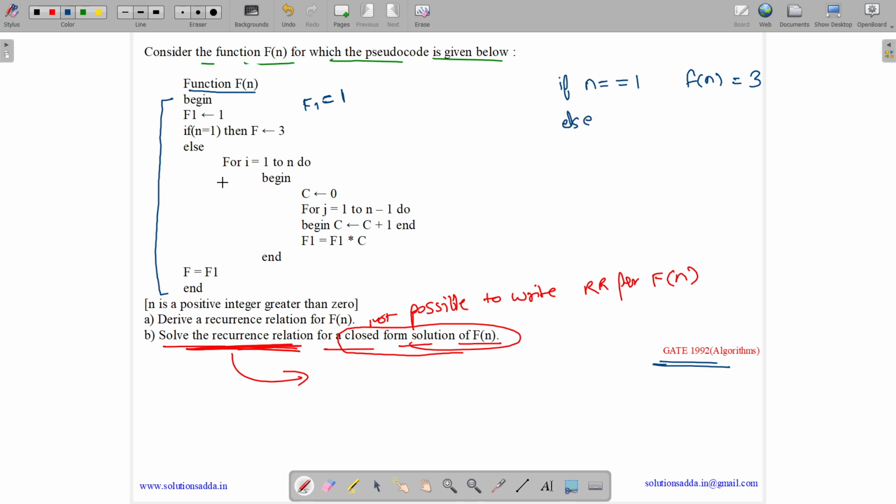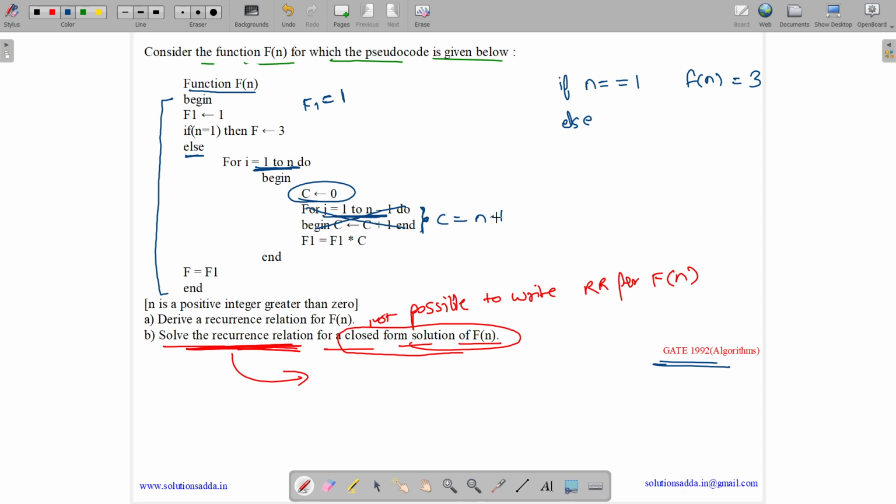Else, when n is not 1, then we will take a loop from 1 to n, and inside the loop we are creating a variable c with 0, and for j equals to 1 to n minus 1 we are incrementing c. See this loop. In this loop we are taking a loop from j equals to 1 to n minus 1 and incrementing c. So at the end of this loop, every time c will have a value n minus 1. So we can replace this entire code by c equals to n minus 1.